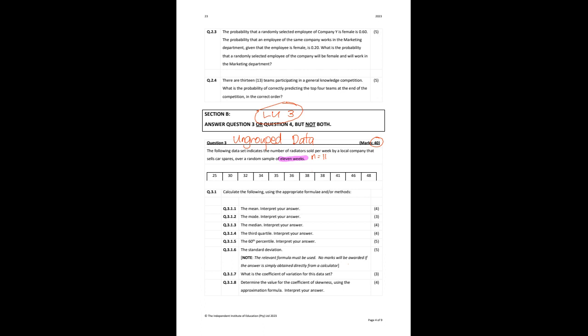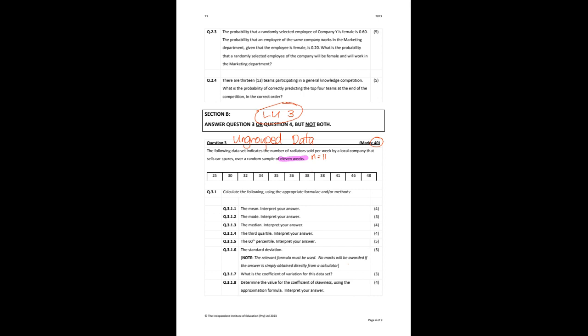Here they've listed out the values for you in ascending order, which is also quite useful because you then don't have to worry about doing that when you get to some of the questions which require your values to be in ascending order. So it's already in ascending order from smallest to largest.